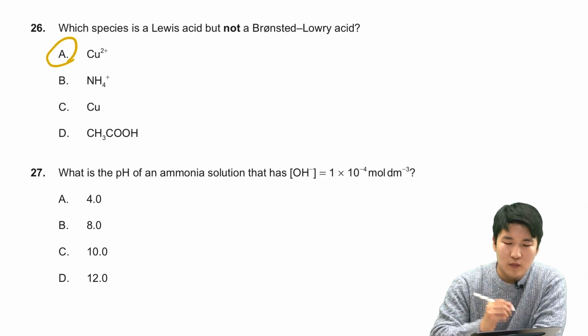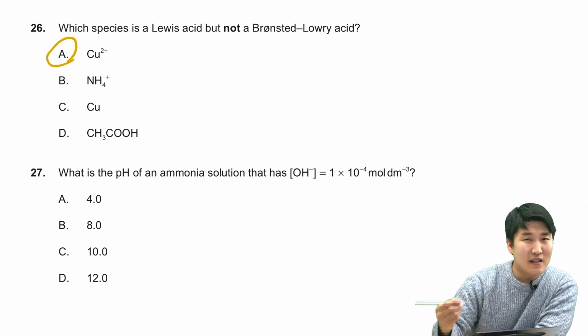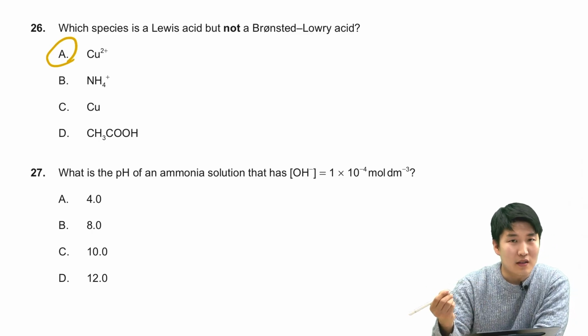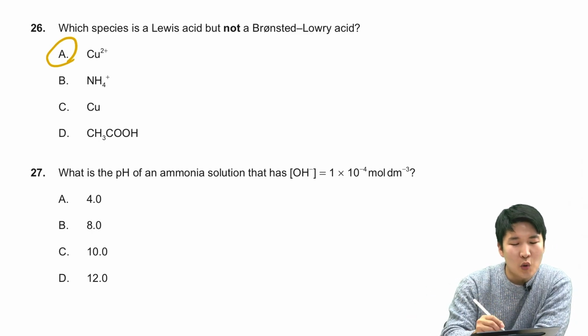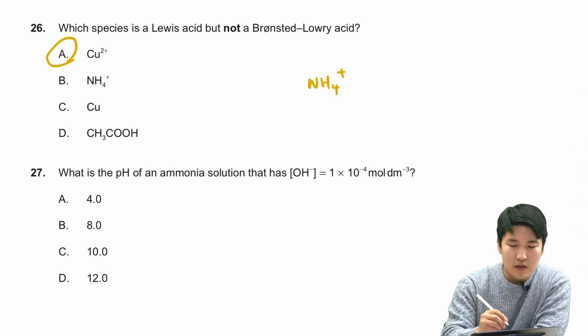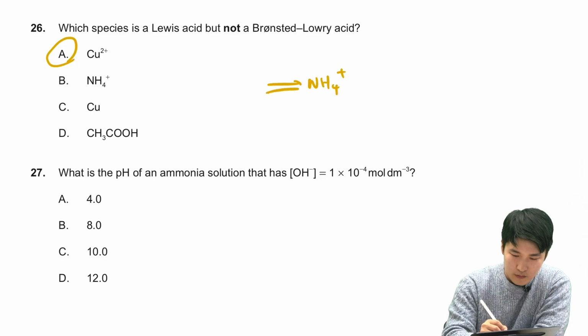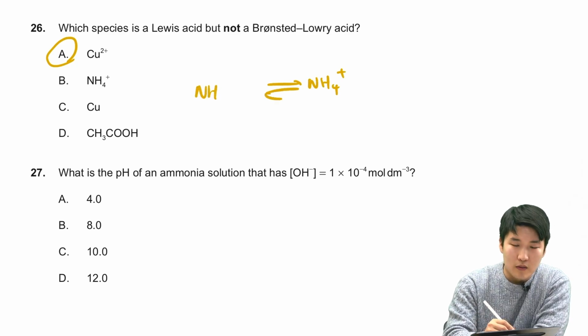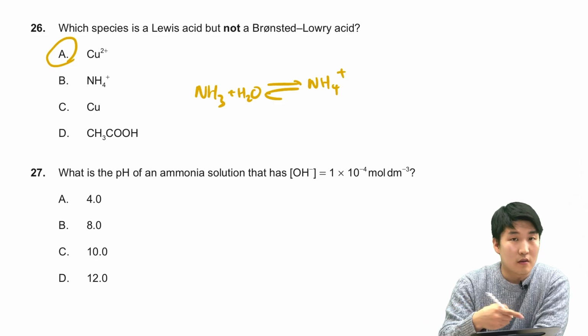Ammonium ion would be a Bronsted-Lowry acid, but not a Lewis acid. And ammonium ion is in fact the conjugate acid of ammonia, which is a weak base.